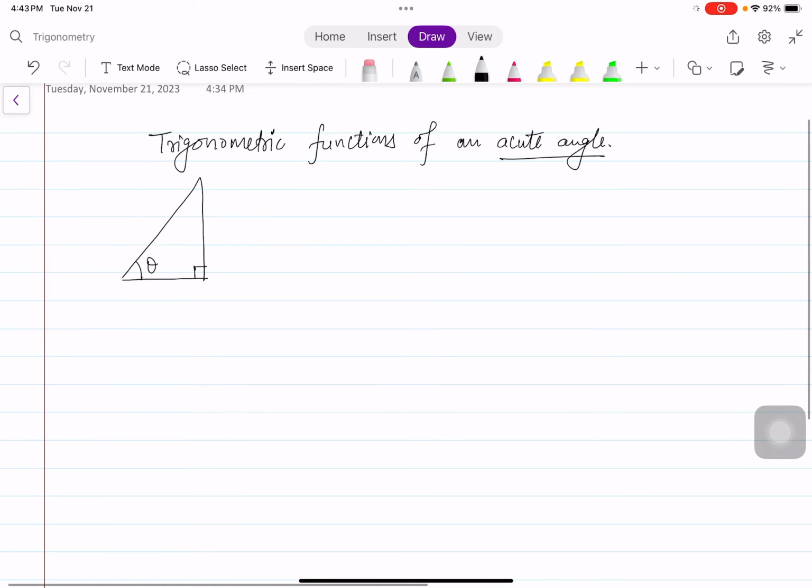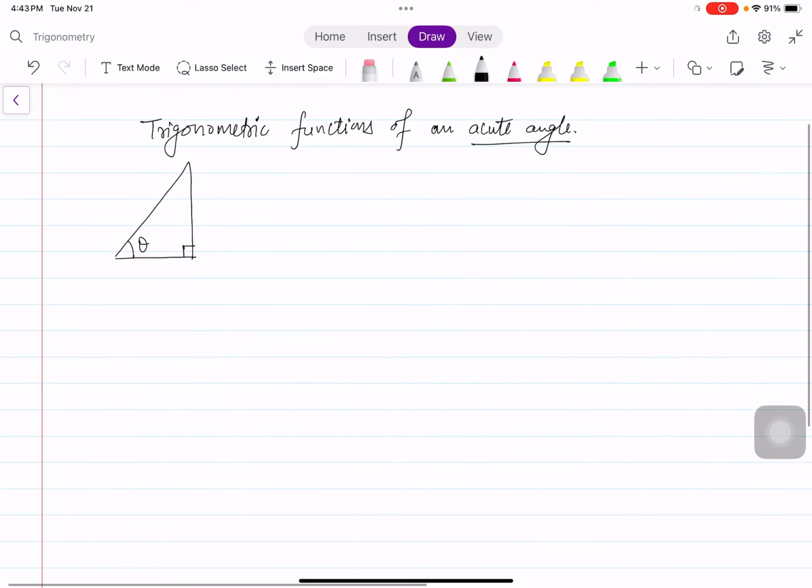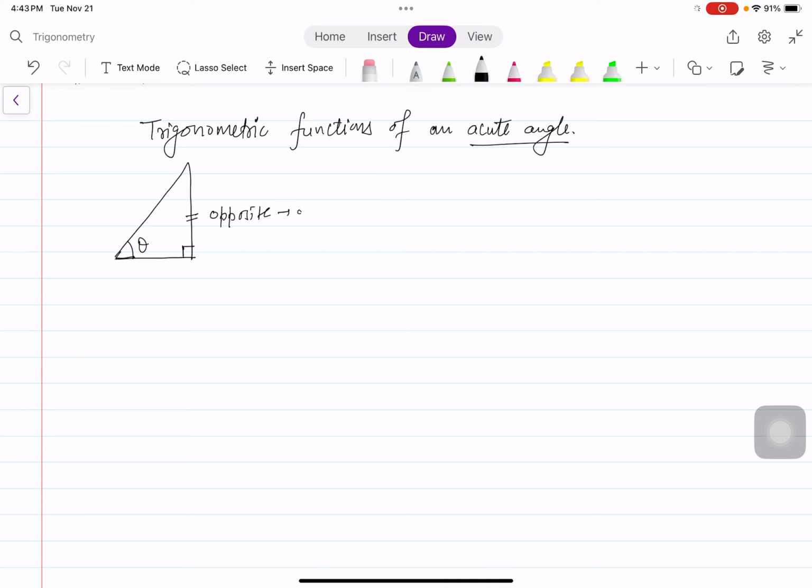So whenever we have this acute angle theta, this is the angle, and the side opposite to this angle is this. This is called the opposite side, or shorthand notation opposite, and this is called the adjacent side.